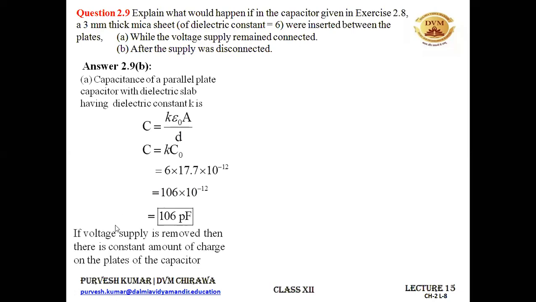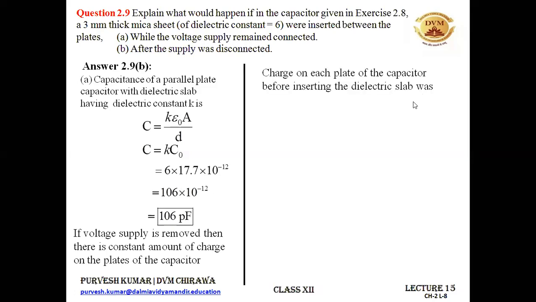Now the voltage is removed. All right. So when the voltage is removed, the charge that was earlier stored on the plates of the capacitor will remain intact. No new charge can be stored because there is no source of charge. You have already disconnected the battery. So in this case, Q remains constant. But when Q remains constant and C is increased, it means there is a change in the value of V. All right.